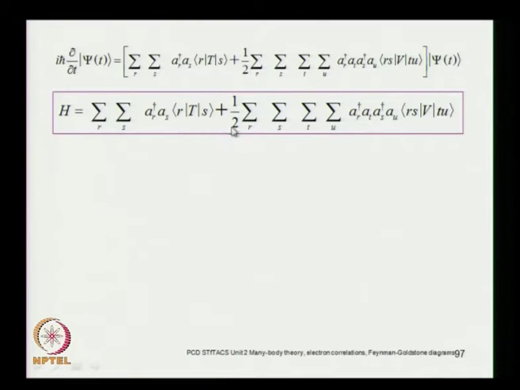So, this is your Hamiltonian in the second quantization formalism, this is your Schrodinger equation in the second quantization formalism. This is for a general n electron state.